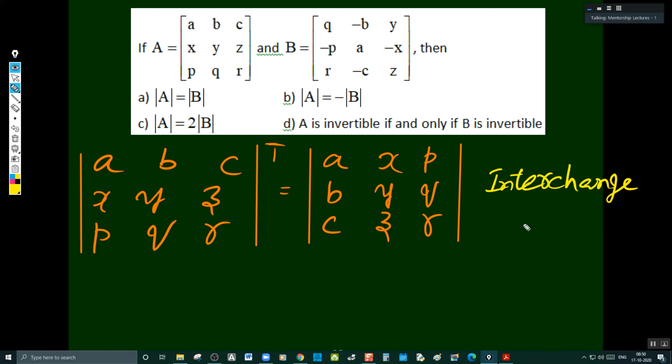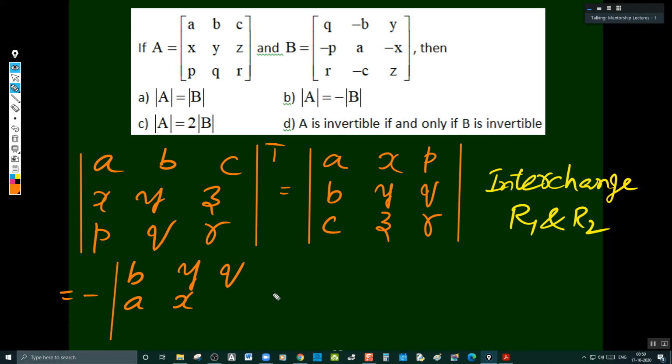Interchange R1 and R2. What happens? Then it becomes minus of det of BYQ, AXP, CZR.